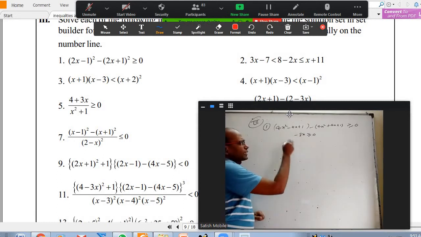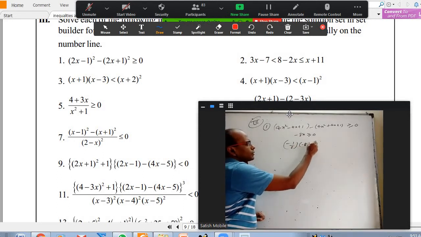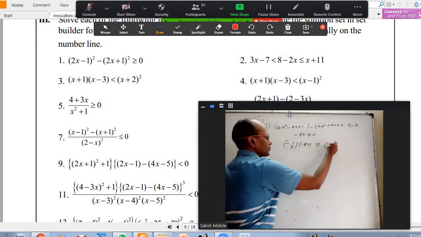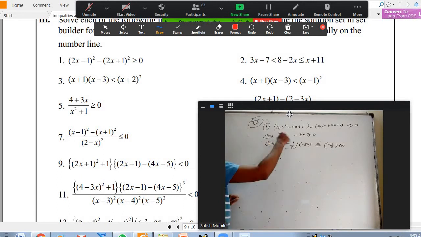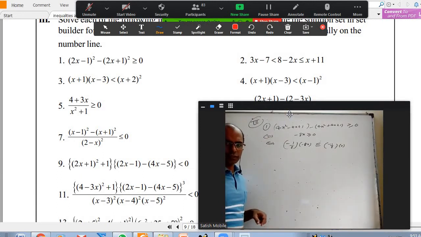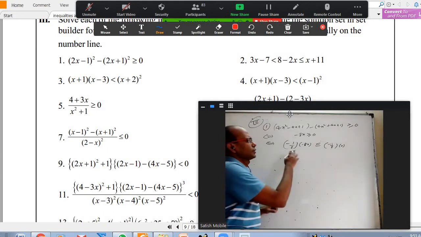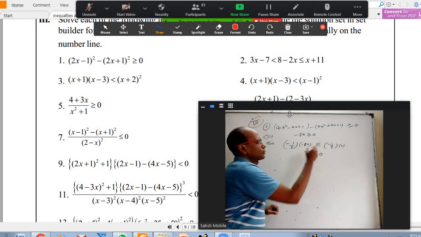When I multiply a negative number like minus 1 by 8 on both sides, the inequality will change. I cannot just say I'll send minus 8 to that side. Sending minus 8 to that side means you are multiplying with minus 1 by 8, which is a negative number, so the inequality changes. So I'll get x less than or equal to 0.